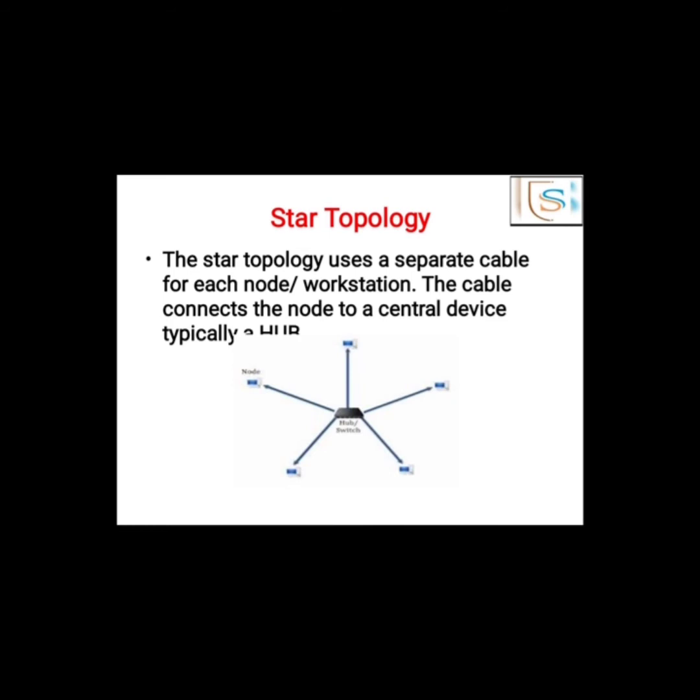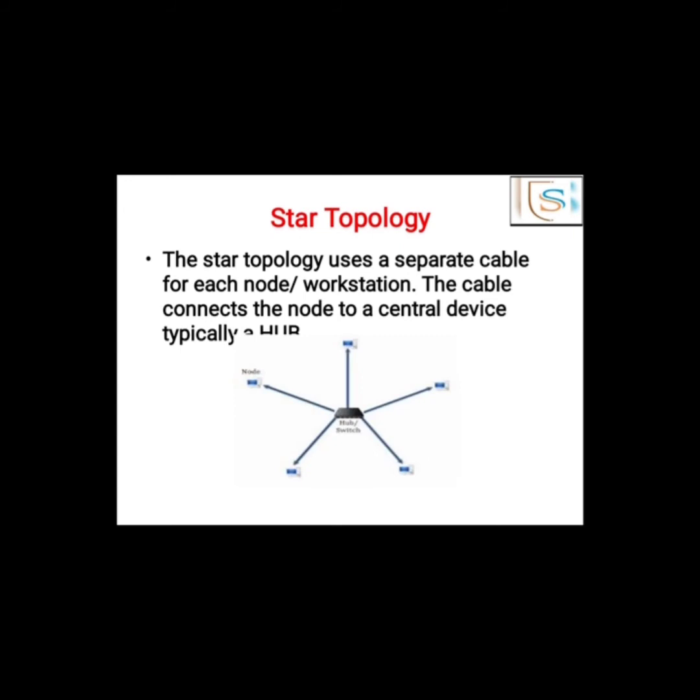Next comes star topology. As you can see in the diagram, one single device, one single piece of hardware, which is known as the hub, and all the rest of the workstations are attached to it in the form of a star.